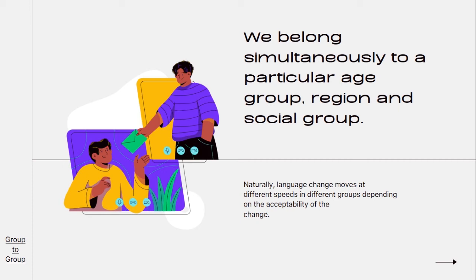We belong simultaneously to a particular age group, region, and social group. For example, a child learning slang at school and using it at home. This language change moves naturally at different speeds in different groups depending on the acceptability of the language change.